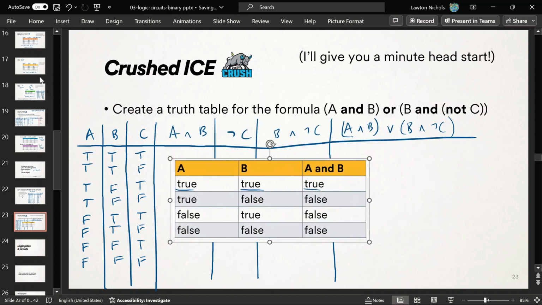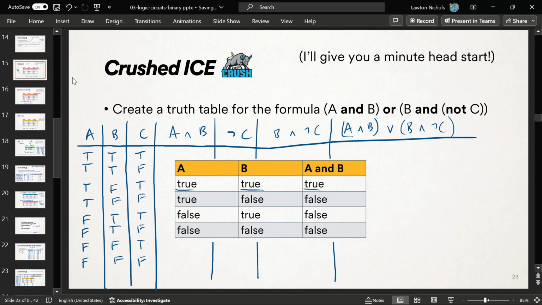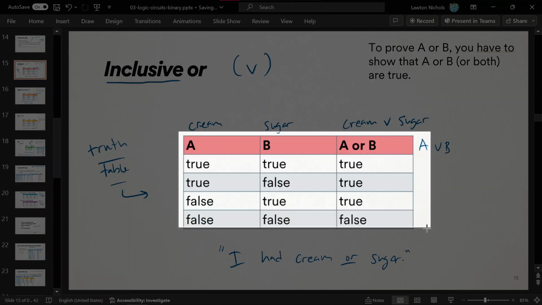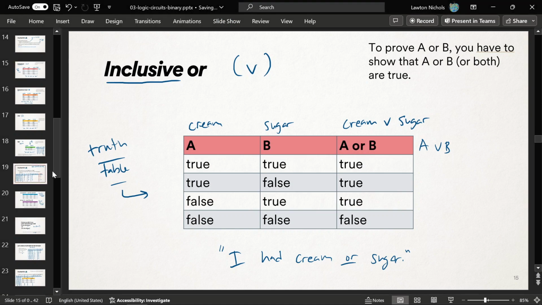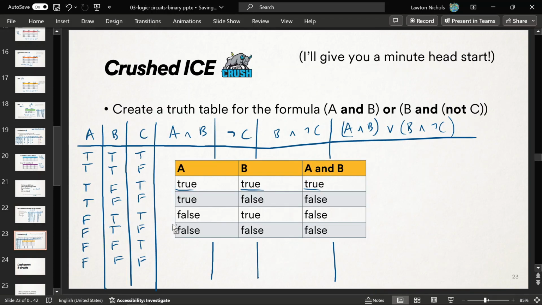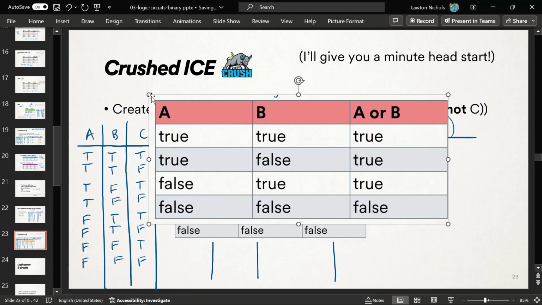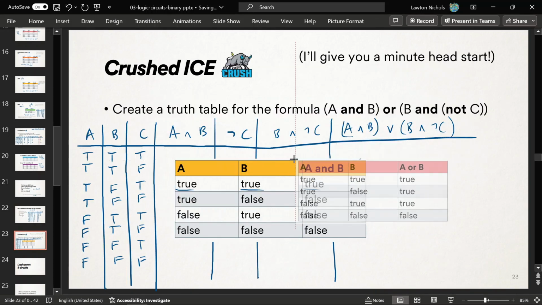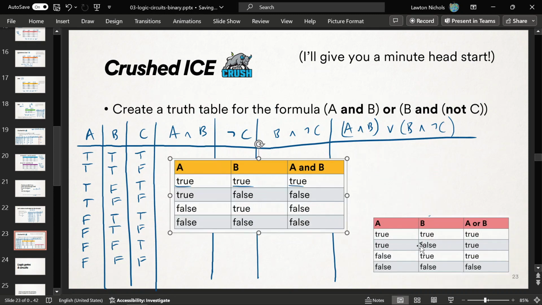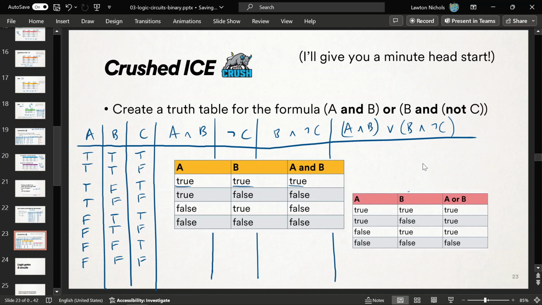And then let me give you OR as well. It's inclusive OR. And then negation just flips things, from true to false and from false to true.